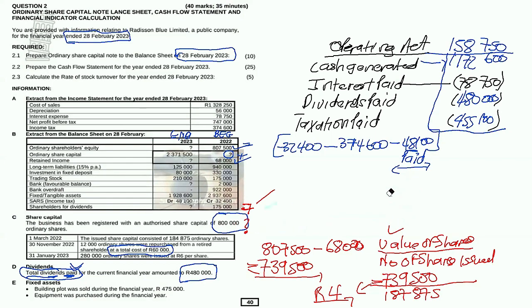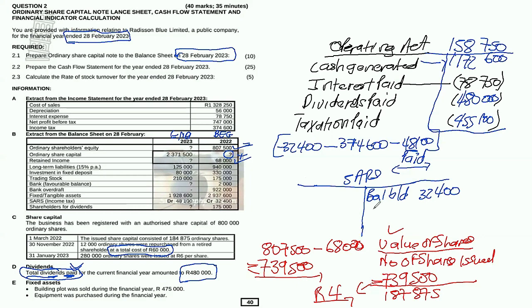Right. So remember, when you do your taxation paid, another way of doing taxation paid is a ledger, right? So now you have SARS as a ledger. Remember, our balance at the beginning was on the credit side. So we have our balance brought down, amounted to 32,400, right?